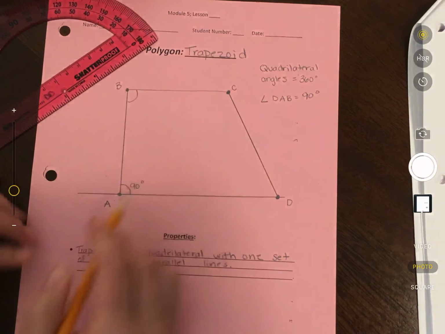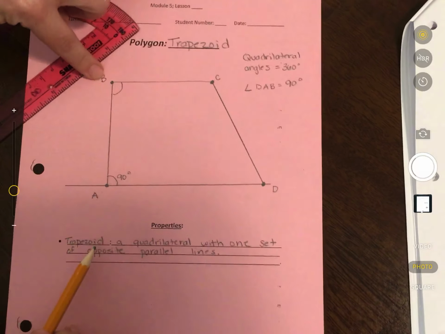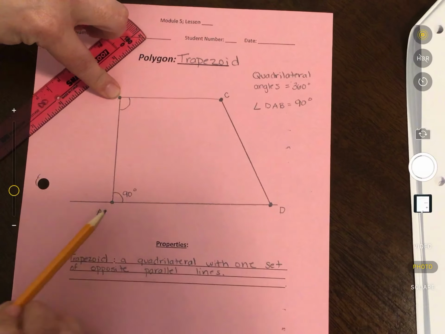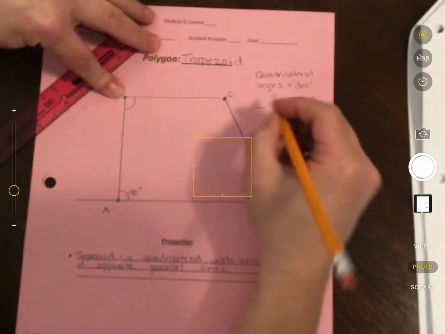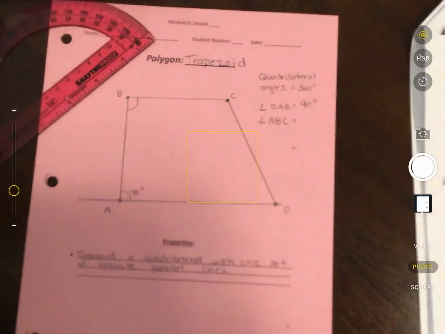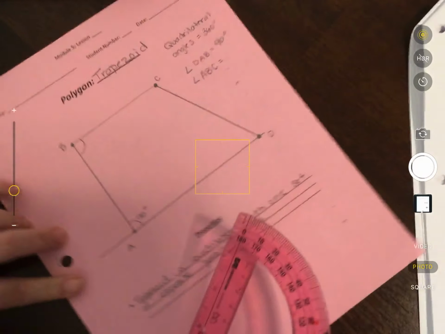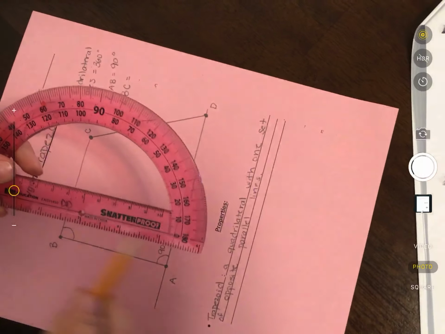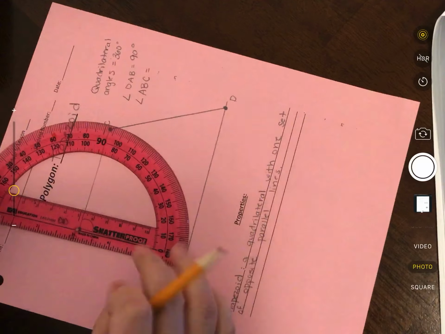The next angle, I'm going to just go around again. B should be in the middle because that's where I'm looking. It's angle ABC. So I'm going to write angle ABC. I'm going to turn my paper so that I can keep my line in the same place.